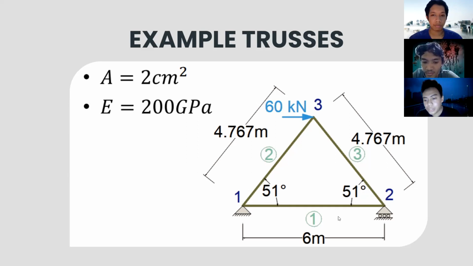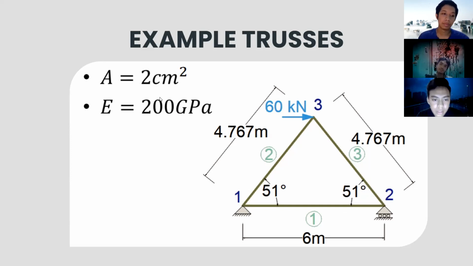From point 1 to point 2 is 6 meter. From point 2 to 3 is 4.767 meter. And we already knew the area is 2 centimeter square.